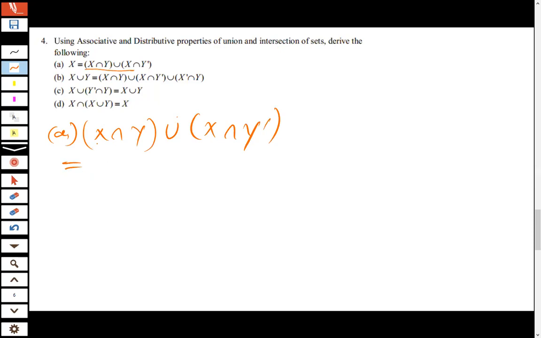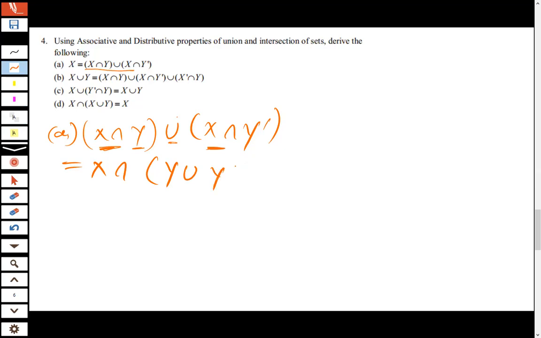So this is already distributed, so we can take it to the normal form by using the associative. So we look at what is common. X intersection is common there. So we write X intersection there. Then whatever remains, we put in the brackets. So we have Y, then union, and we also have Y complement.